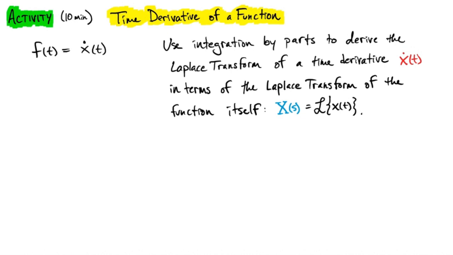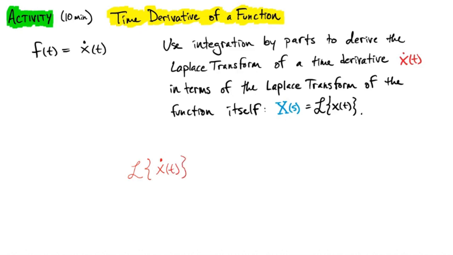In this activity, we move on to deriving one of the fundamental properties of the Laplace transform that makes it particularly useful for dealing with differential equations. Essentially, we are interested in understanding what the Laplace transform is of a time derivative of a time function.